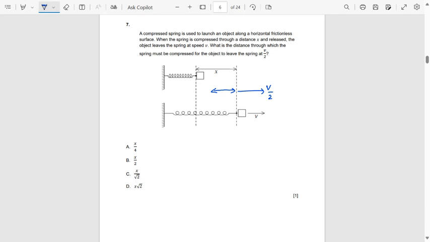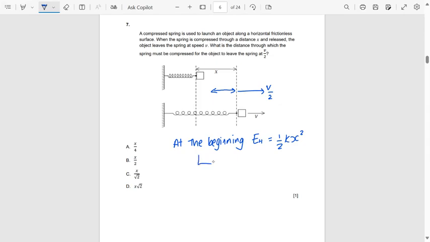So we know that at the beginning it has spring elastic potential energy, which is equal to half kx squared, where k is the spring constant.